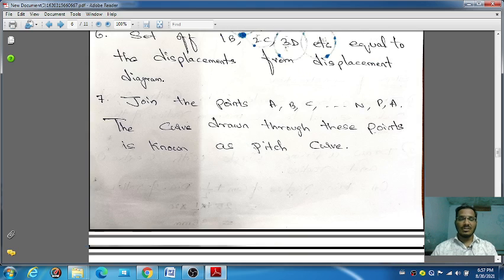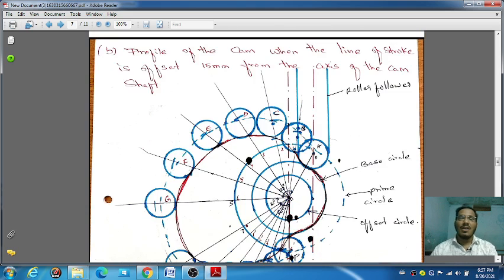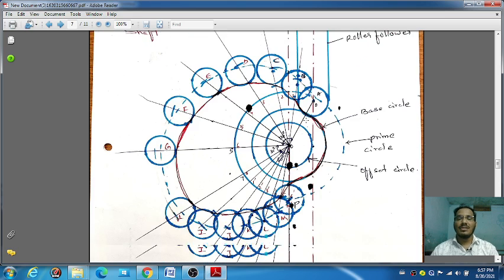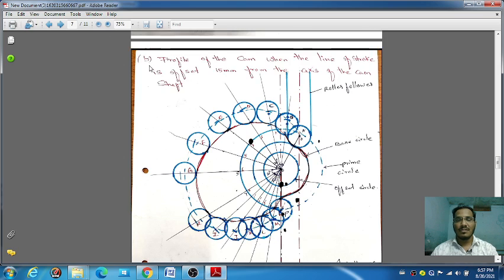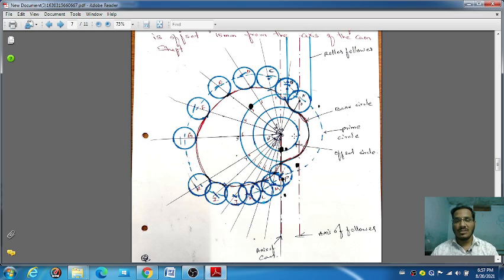The next one is the profile of the cam when the line of stroke is offset 15 millimeter. It means the axis of the follower is different from the center of the cam.